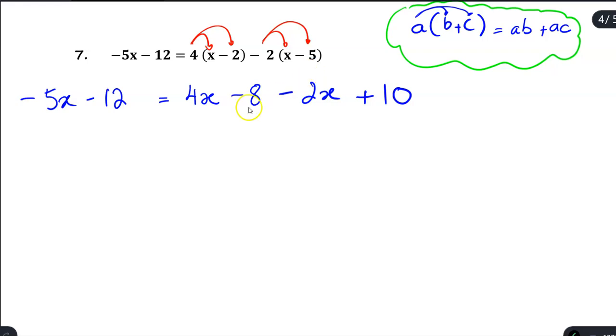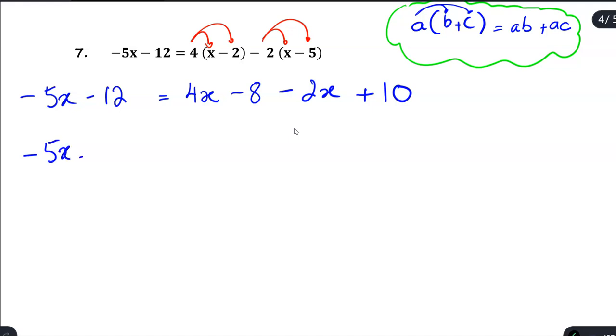So now you see that there are no more brackets. With no more brackets, you can go ahead and combine the like terms. Whatever you see on this side of the equation, you can combine it. That means we simplify whatever we can on this side. So I can collect the like terms. I have 4x and negative 2x here. I can collect these two like terms.